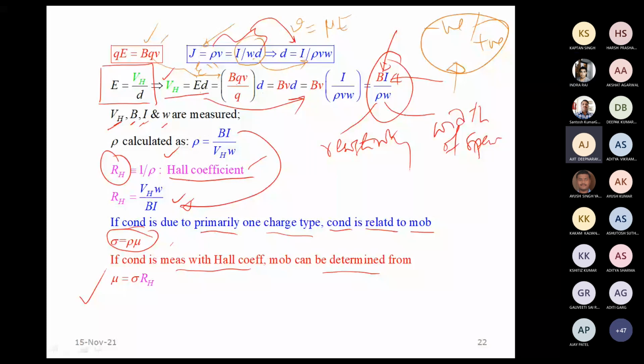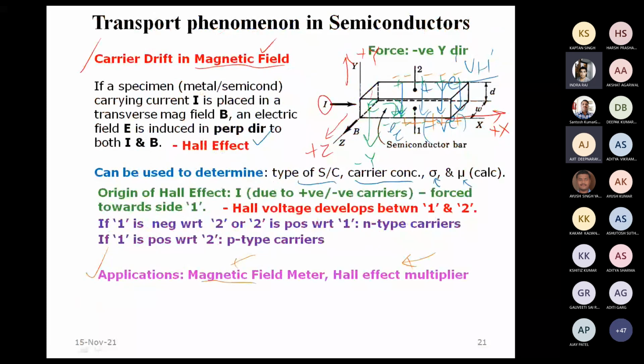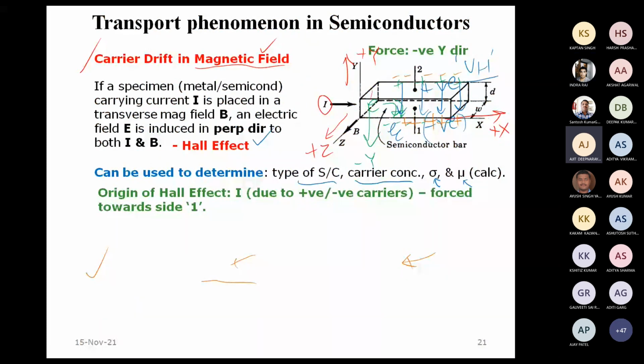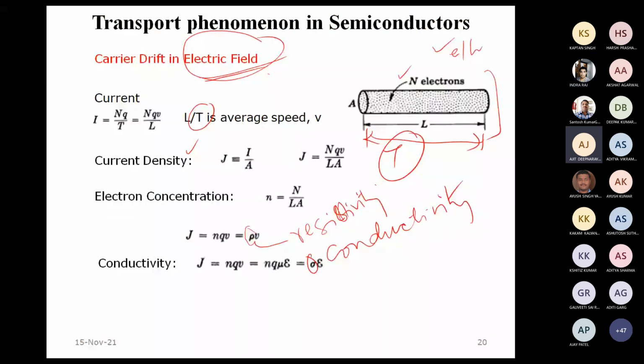Okay, so so far we have just seen that we have something called carrier drift in an electric field, and from here we had the so-called drift velocity of the carriers, which results in a current, and this current is called drift current.